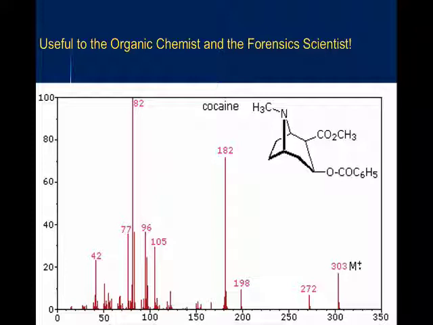Surprise, surprise, right? But the fingerprint is what we call the fragmentation pattern. If you remove an electron from cocaine, it decomposes into these fragments, and only cocaine decomposes into these fragments. So what they do is take the spectrum that they get from the crime scene, if you will, and compare it to a database of known compounds.